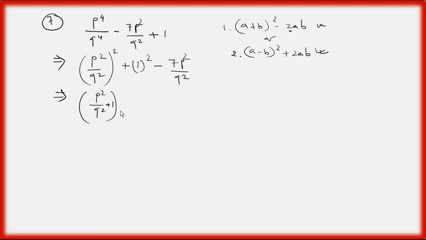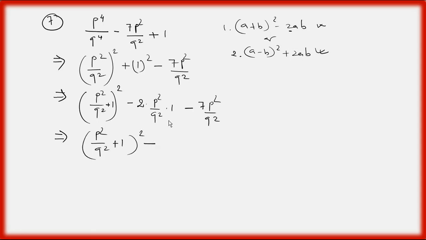So (p²/q² + 1)² minus 2 times p²/q² times 1 minus 7p²/q². So simply (p²/q² + 1)² minus 7 and 2, we have like terms, so we can directly add.